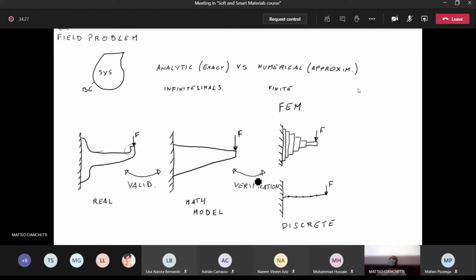It is on the basis of the experience of the user, of the person that is using the FEM, that is really making the result reliable or not. Okay? So this may be a very powerful tool, but of course it should be used carefully and with good skills.